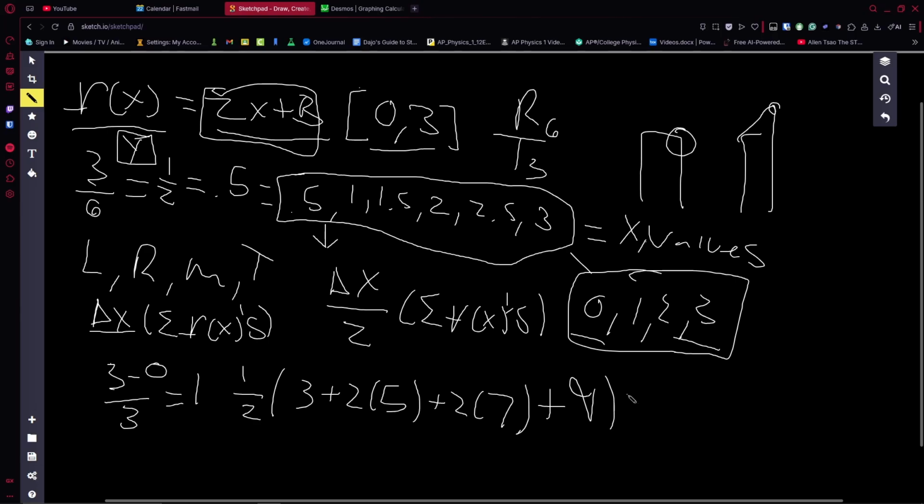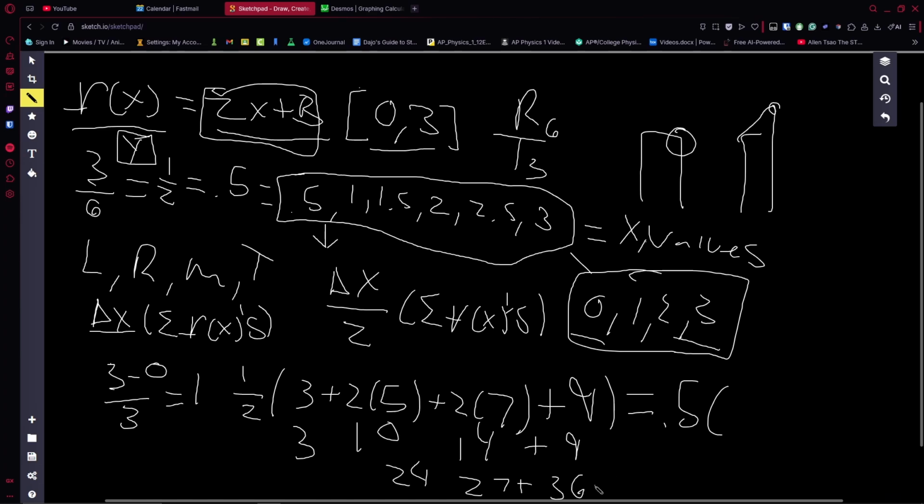Now, what this results in is 0.5 times, well, let's do it. This is 10, this is 3, this is 14, and then this is 9. So this is going to equal 10 plus 14 is 24, plus 3 is 27, plus 9, which is just going to equal the value 36.